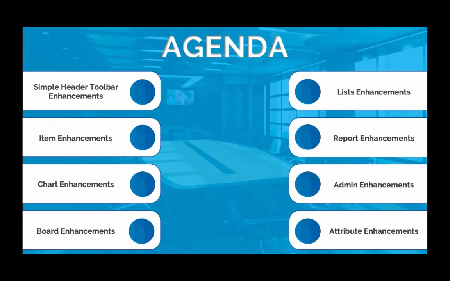We will take a look at a whole bunch of board enhancements, some new list enhancements, report enhancements. That's going to be a big one. Then for all of our admins that are on the training today, we will take a look at some new admin functionality on the back end, as well as a couple of new features all around attributes that I'm excited to share with everyone.